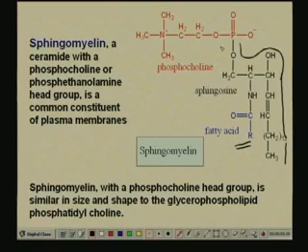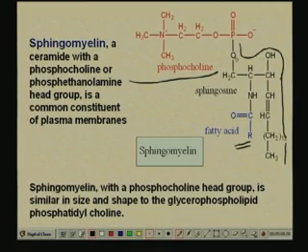And what do we have here? Remember there was an OH here. So, this can attach to another group, forming a sphingomyelin. So, we have what is called a sphingomyelin, which is a ceramide with a phosphocholine. What is a ceramide? A ceramide is when you have OH here and the amide here and the sphingosine as it is.